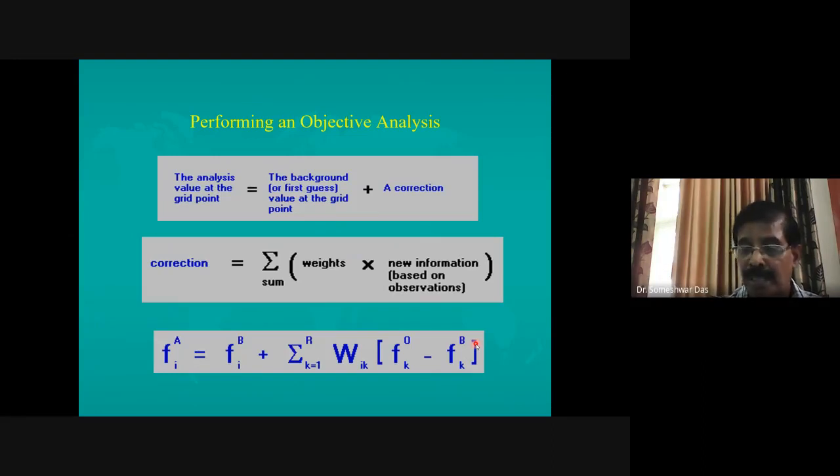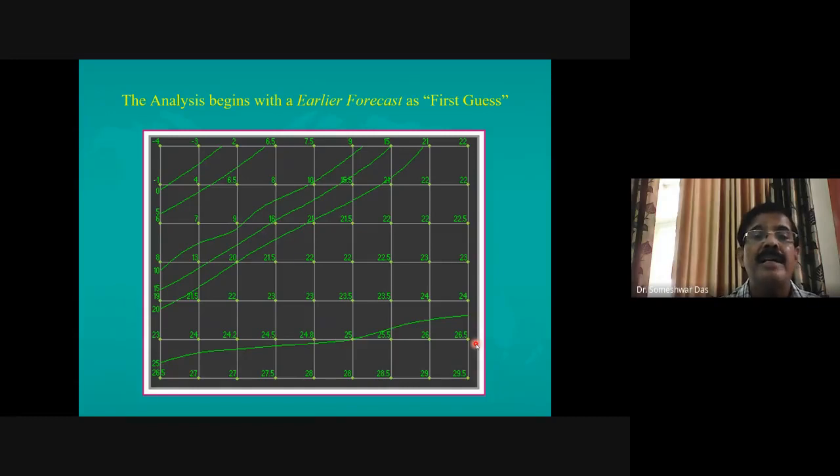This slide also I have shown you a long time ago. It is an illustration of how you get the values. The analysis begins with an earlier forecast as the first guess. That means at all the grid points of your domain, you prescribe the background field, or the first guess, from your previous 6-hour forecast. Let's say this is a temperature field.